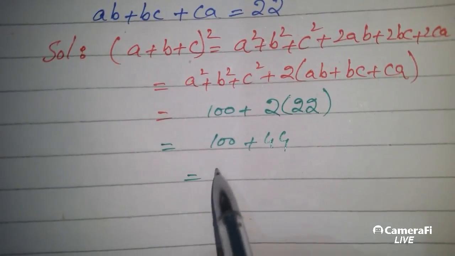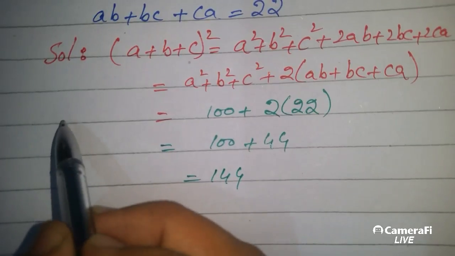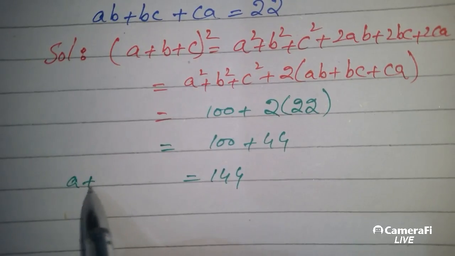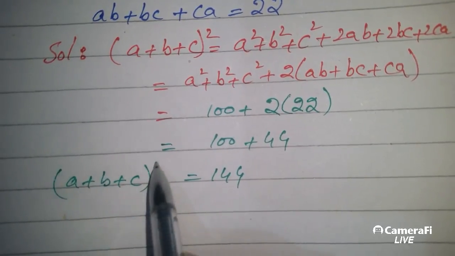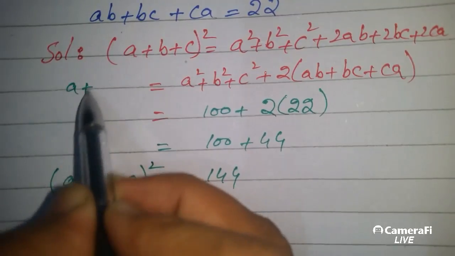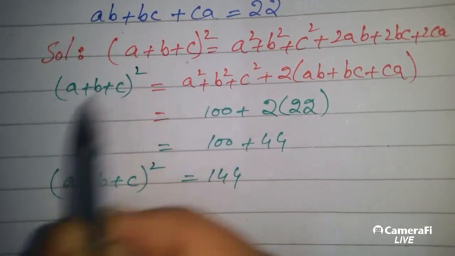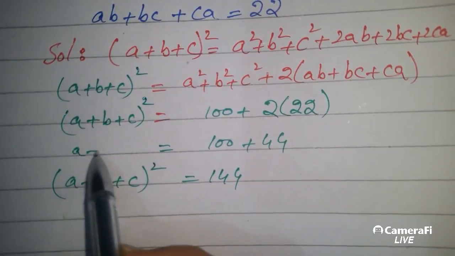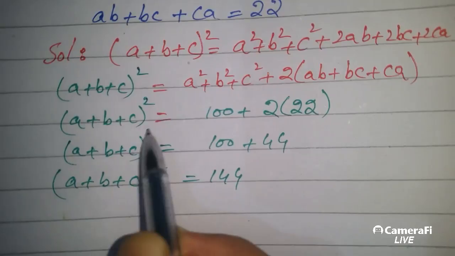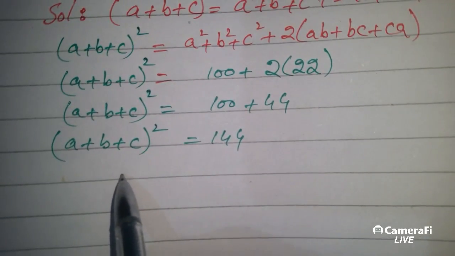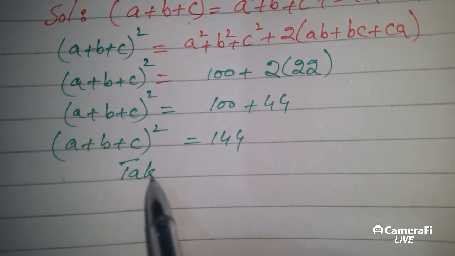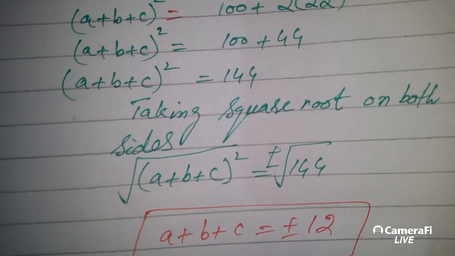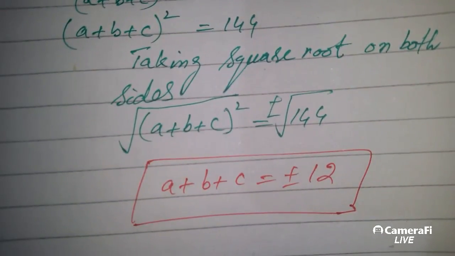And it becomes 144. Here we have, remember, (a plus b plus c) whole square, and this term is unchanged throughout. Now we can just take the square root of both sides. So this example problem is also solved.